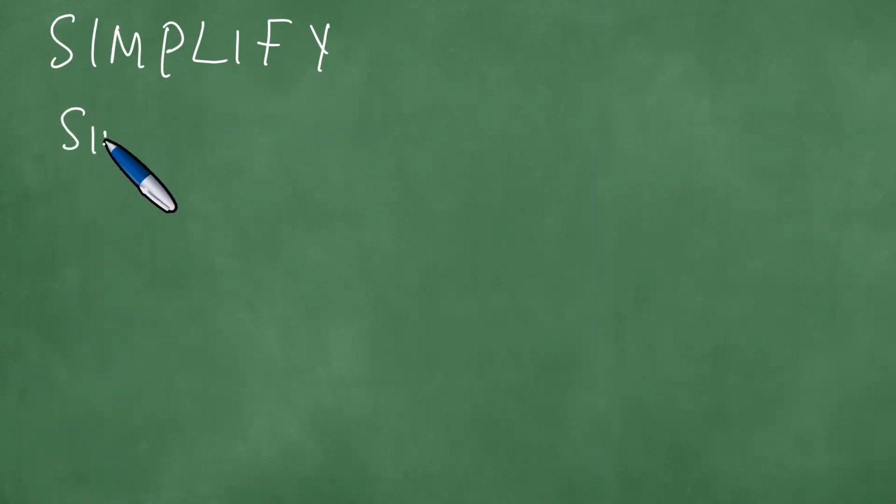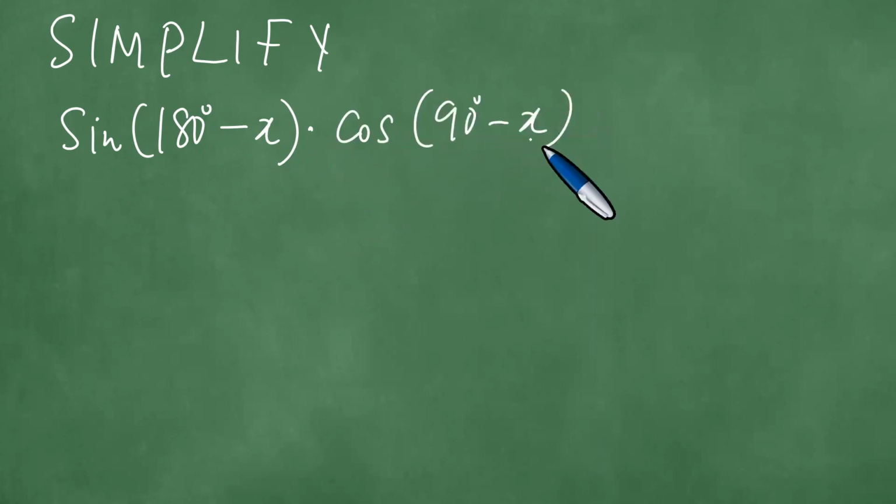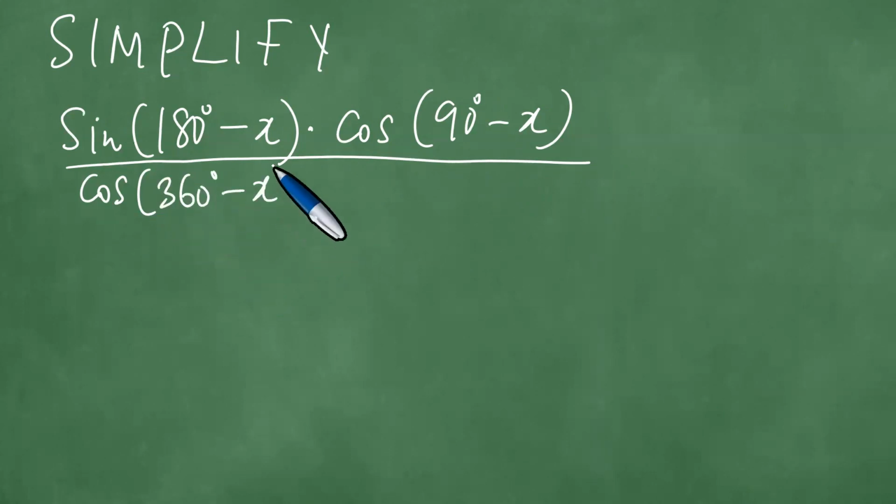If we have the sine of 180 degrees minus x, the cosine of 90 degrees minus x, divided by the cosine of 360 degrees minus x, the sine of 90 degrees plus x.